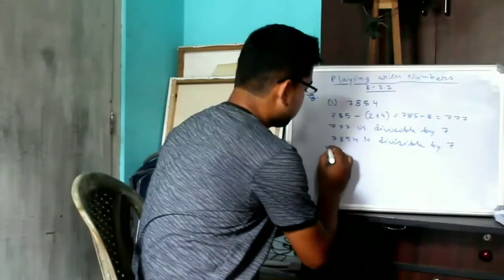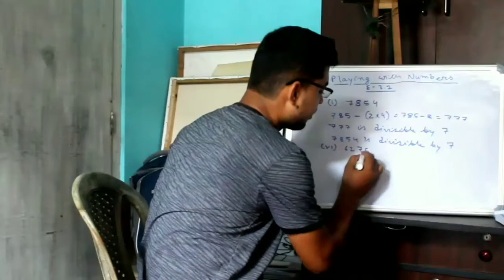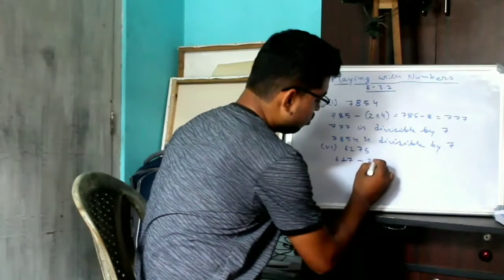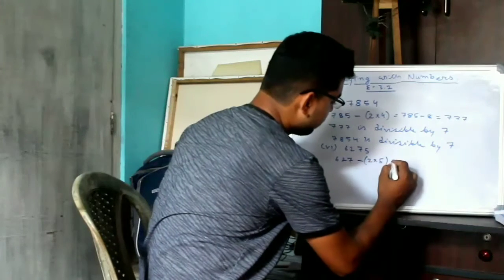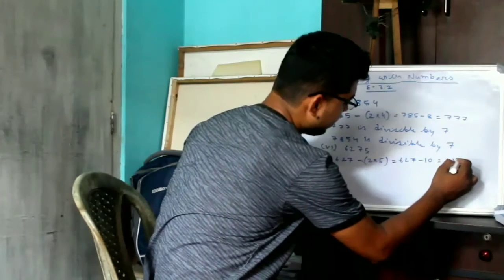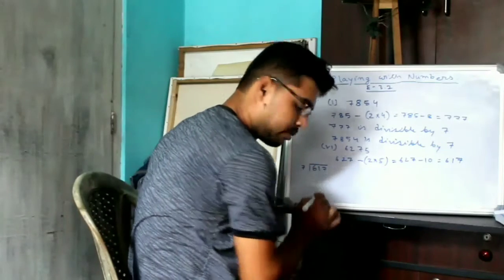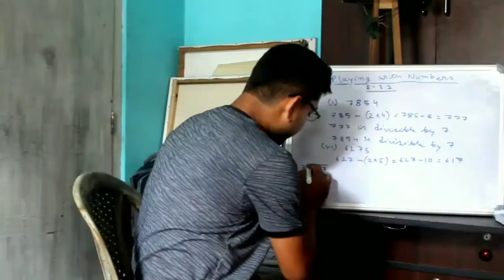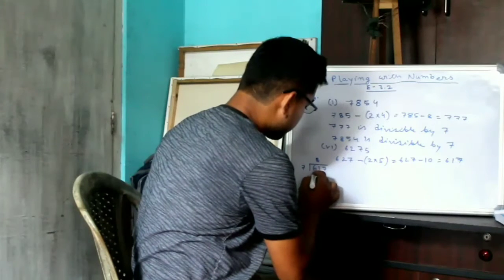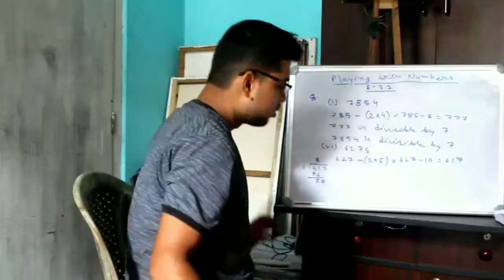Next, another number: 6275. 627 minus 2 times 5 equals 627 minus 10 equals 617. Is 617 divisible by 7? I will check the divisibility of 7. 7 times 8 is 56, and 57 is not a multiple.